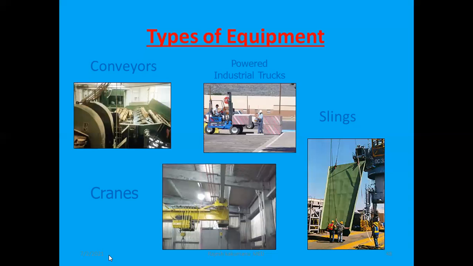In the types of equipment, we have various kinds, but I am showing simple pictures of the conveyor belt. See here, these are the products you are getting, and this is a conveyor belt where they move in this fashion.